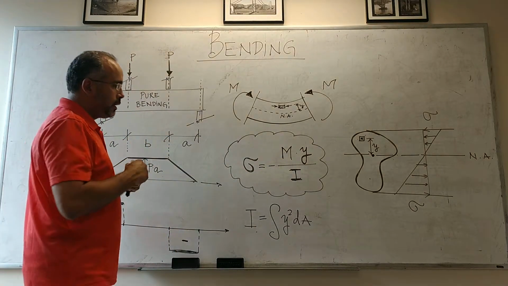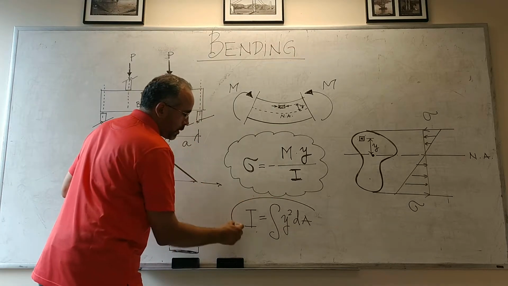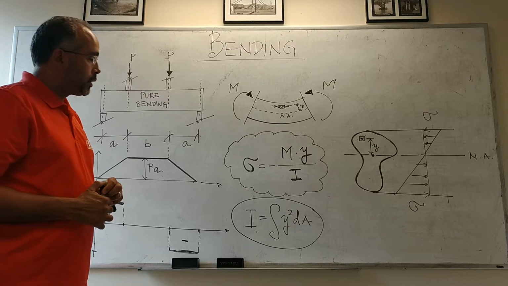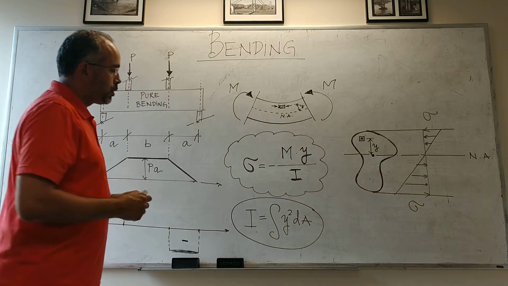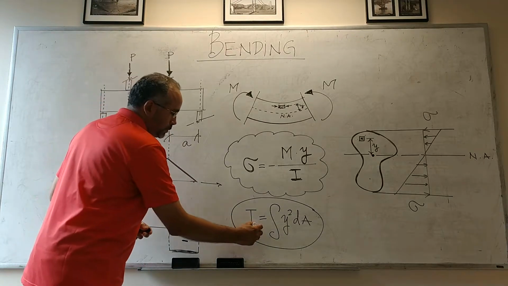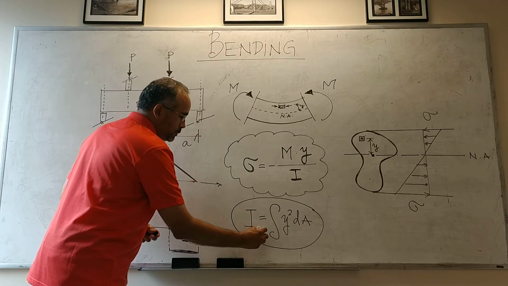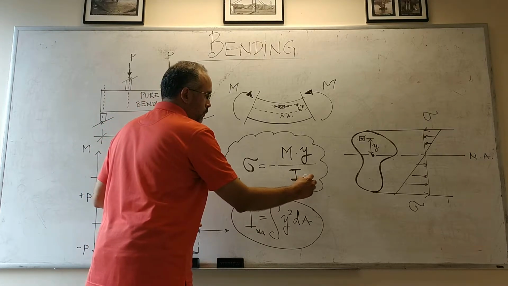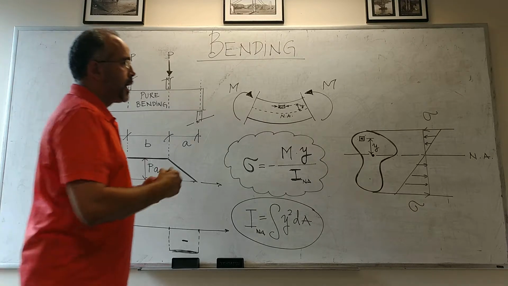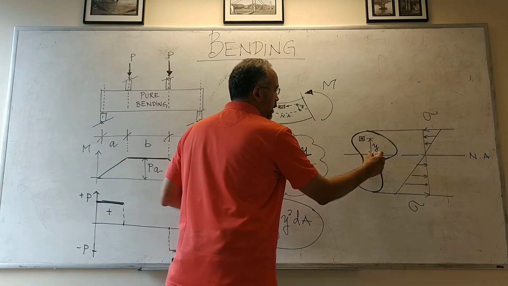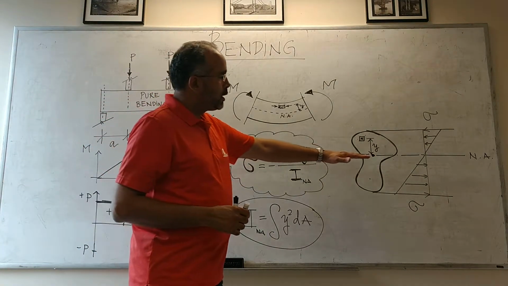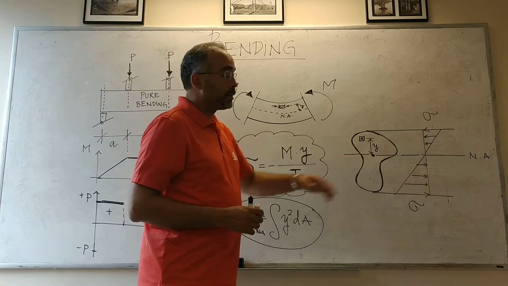So basically the key feature here is the moment of inertia of the cross section around the neutral axis, right? This is the axis of bending that goes through the centroid of the cross section.